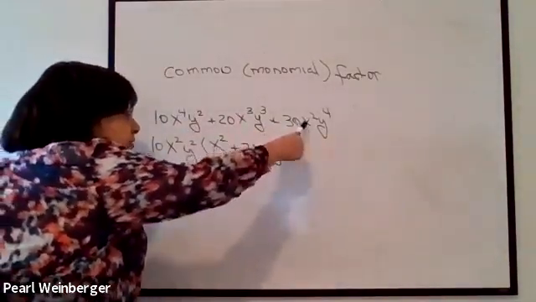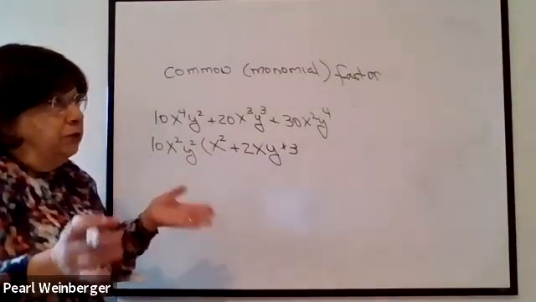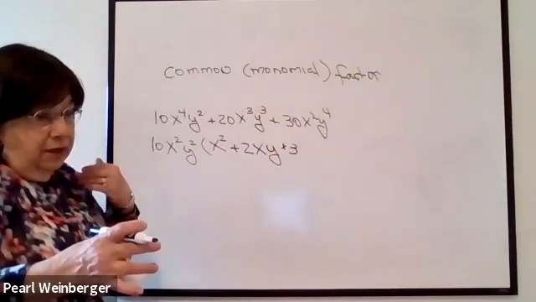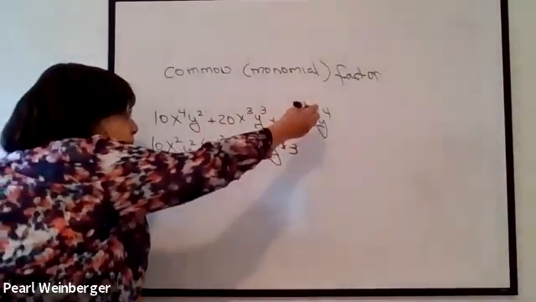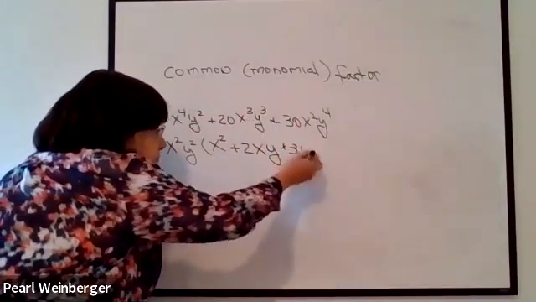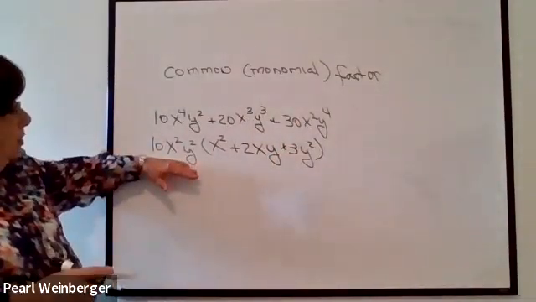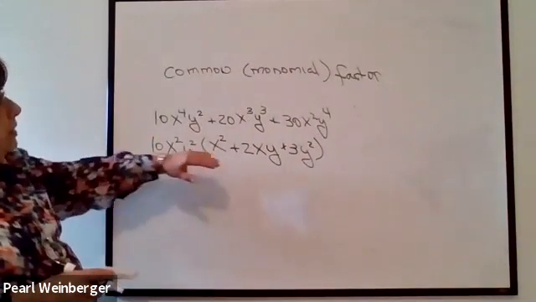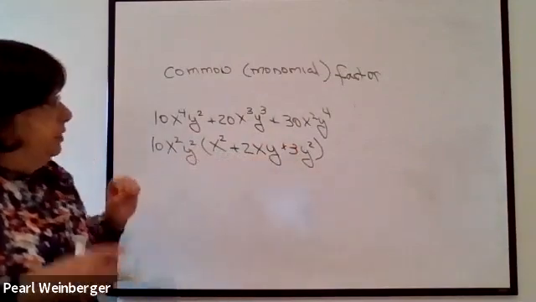X squared into x squared cancels, because as soon as your exponent is 0, it means it's canceled out. You don't have to put it in. And y squared into y fourth, 4 minus 2 is 2. So your final answer comes out to be 10x squared y squared on the outside, x squared plus 2xy plus 3y squared on the inside.